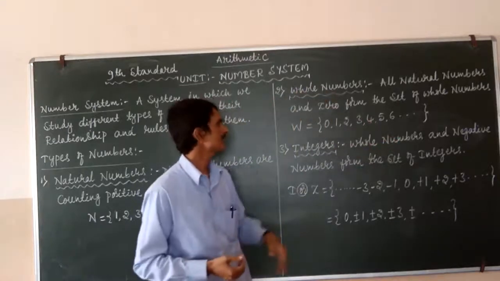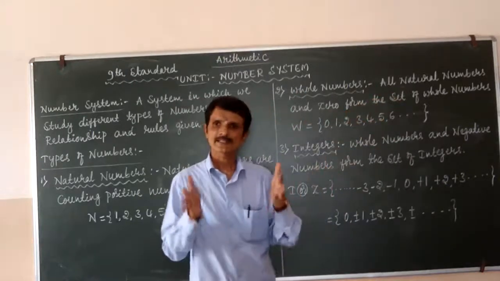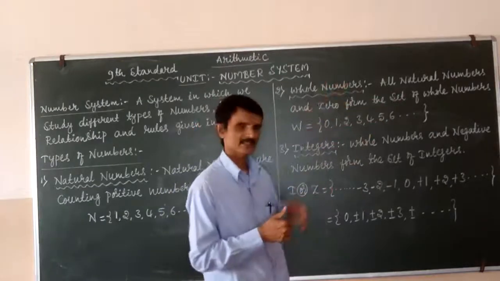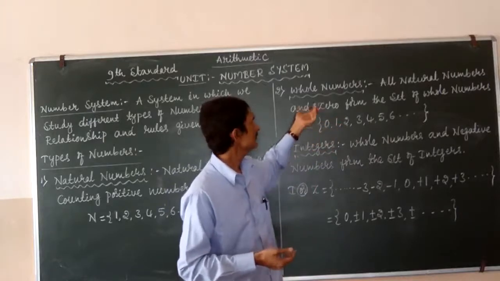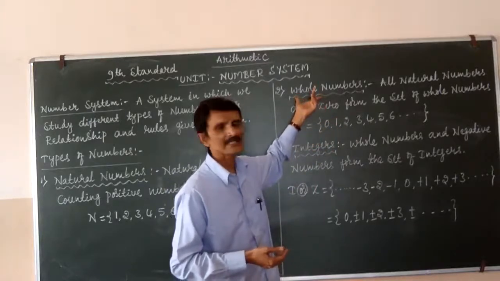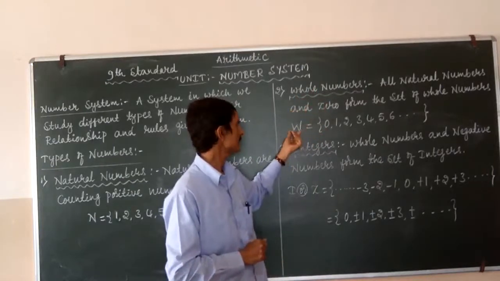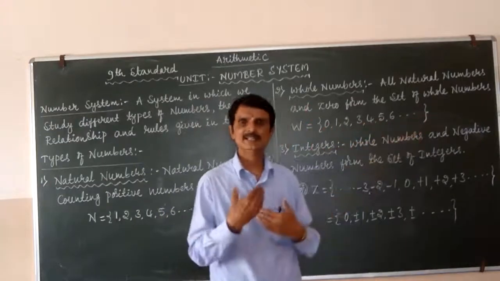Therefore, students, all natural numbers and 0 form the set of whole numbers. We represent whole numbers by W. W equals 0, 1, 2, 3, 4, 5, 6, etc.